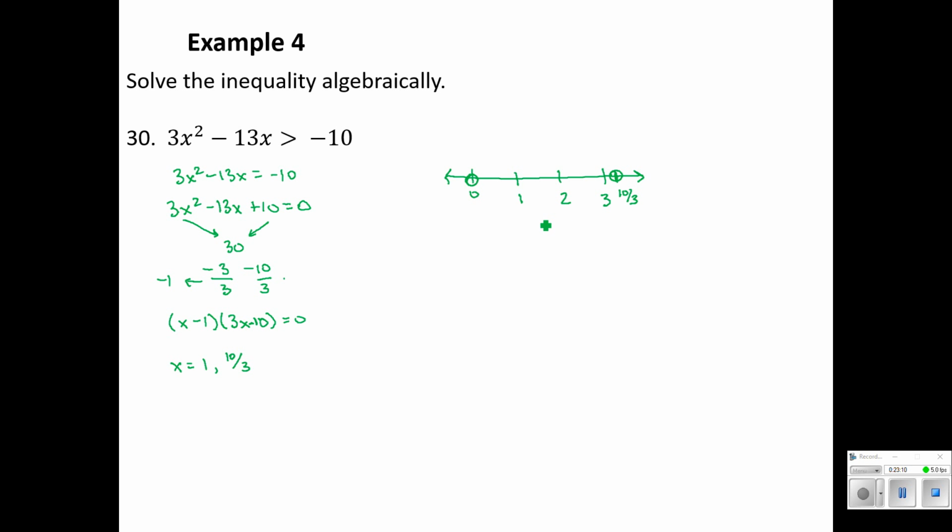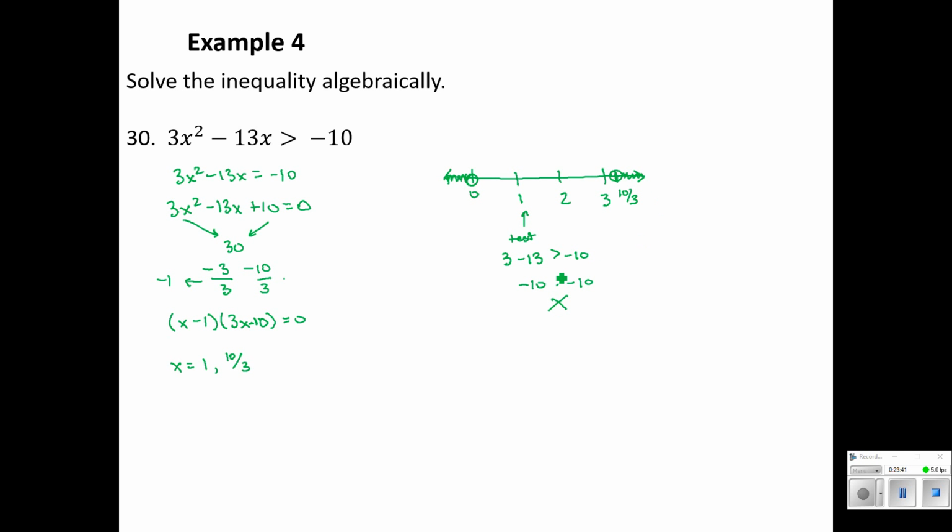So I'll use open circles there. But then we just test. So it's either going to be inside or outside, just like with the parabola. And 1 is a nice, easy value to test. So 3 times 1 squared minus 13 times 1, is that greater than -10? 3 minus 13 is -10. Is that greater than -10? No. So we shade on the outside.